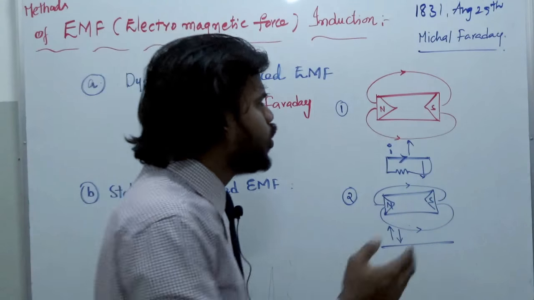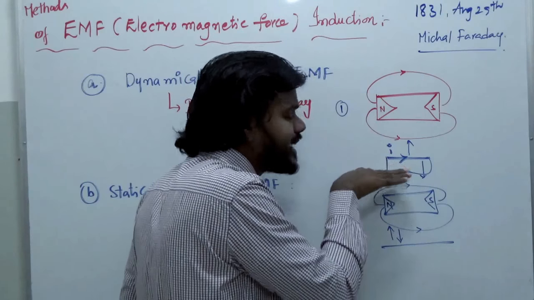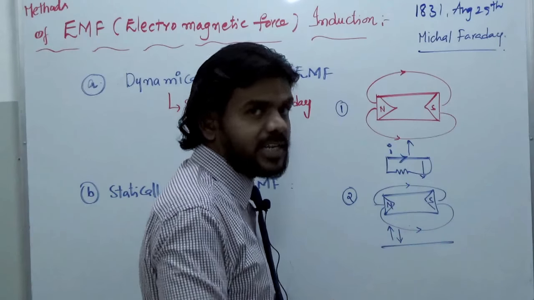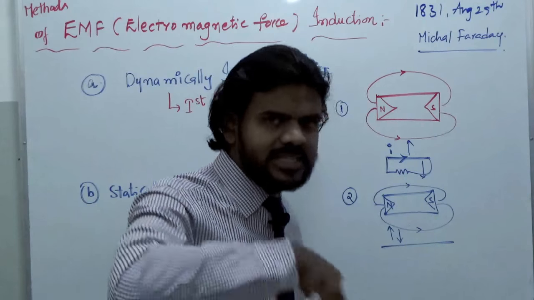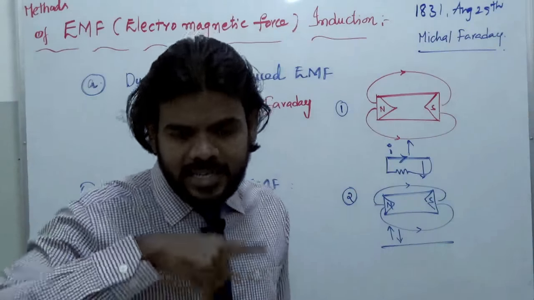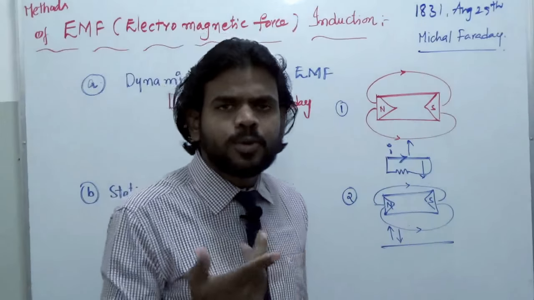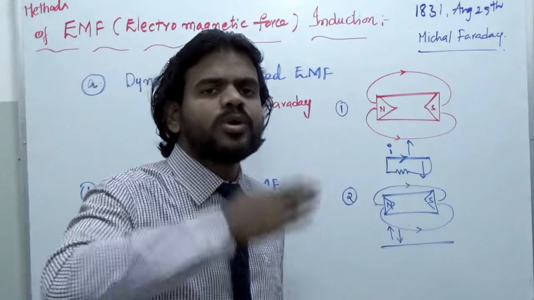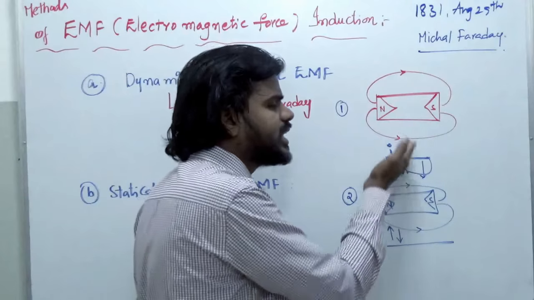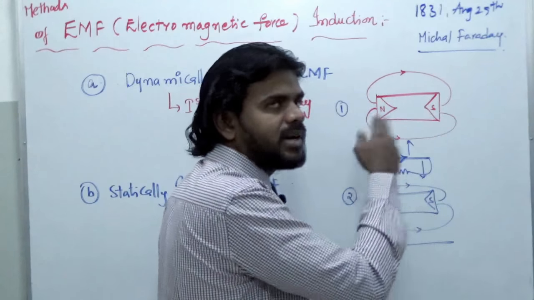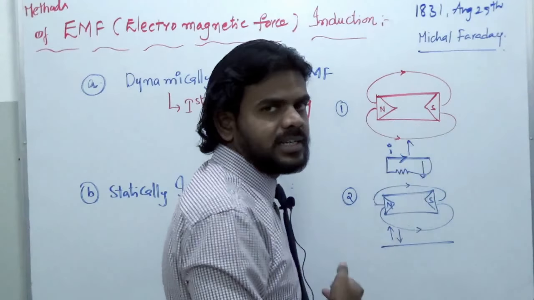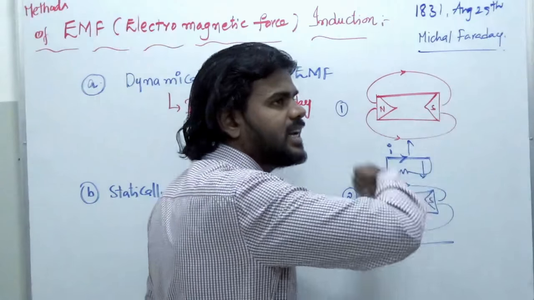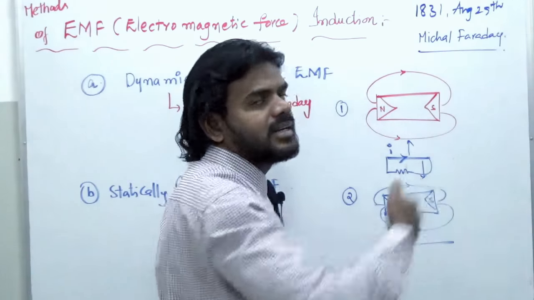Very simple. Here we are moving it up and down linearly, but in a real generator we have to take the movement in a rotating fashion. That's how we have our generators dynamically rotating all the time. So here we move it linearly, but there you have to move it in an angular direction.